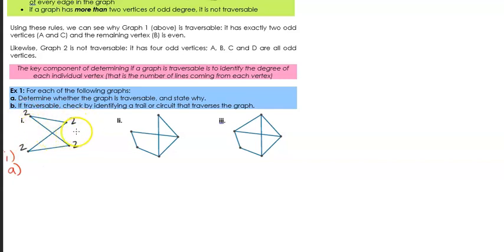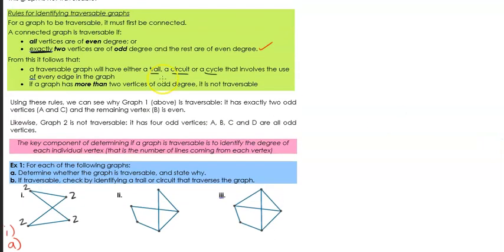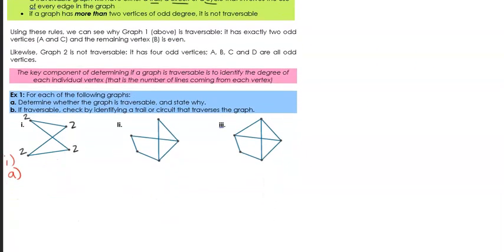All of these are even, so it satisfies the first condition, all vertices of even degree. So we say yes, it is traversable, because all vertices are of even degree.